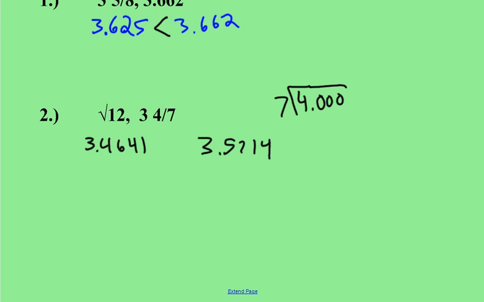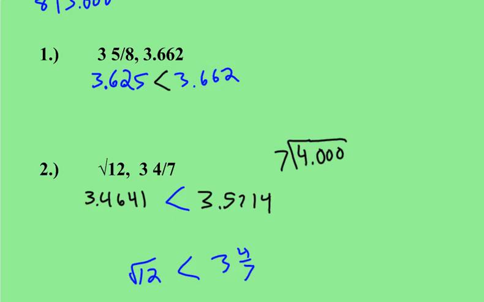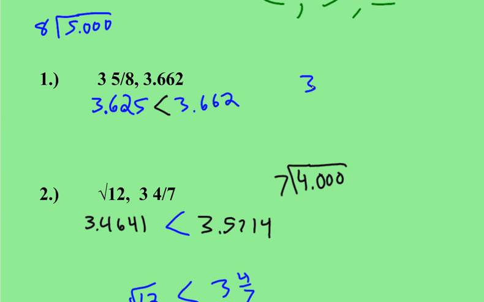Now we can check their decimals, and they're both 3 point something. So the first decimal, we have 4 and 5. That means 3 4/7 is greater. So if we were to rewrite that, we'd say square root of 12 is less than 3 4/7. And back up at this top one, we'd write that 3 5/8 is less than 3.662. So that's comparing numbers.